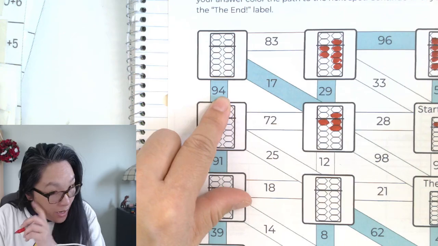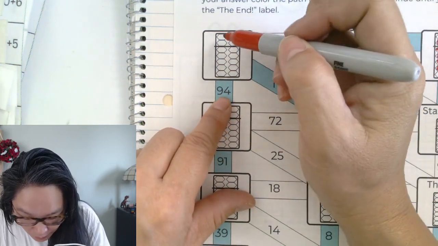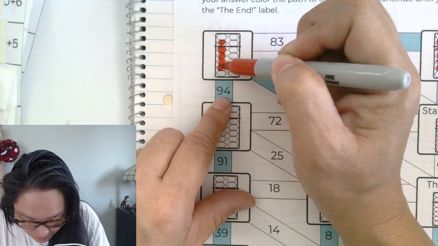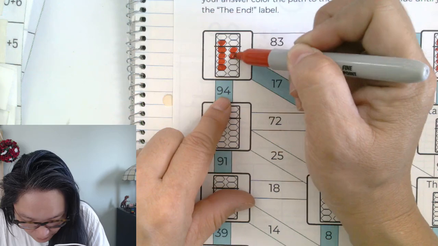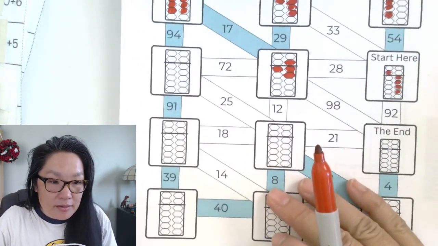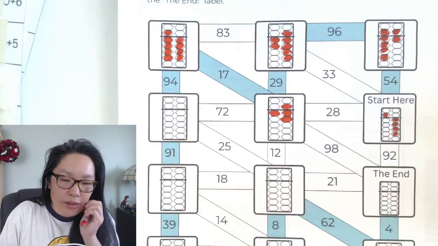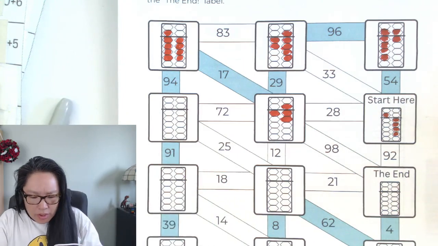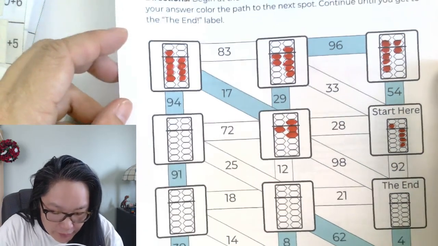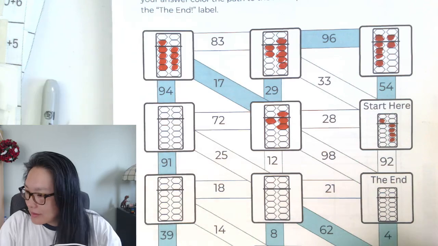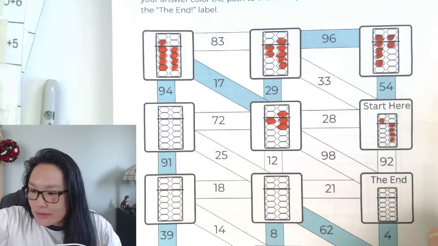So I need to know how to get to 94. 94 would be... 94. That's the addition, my upgrade, my other version of the maze. I thought it was cool.